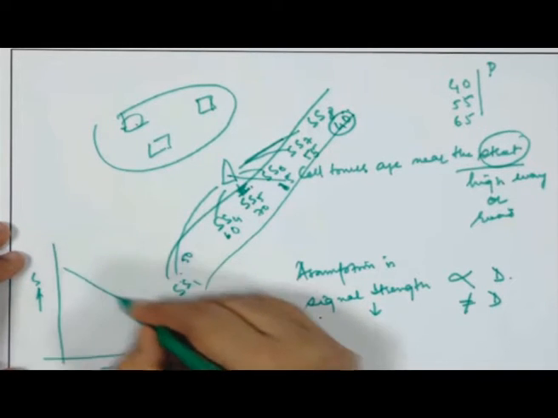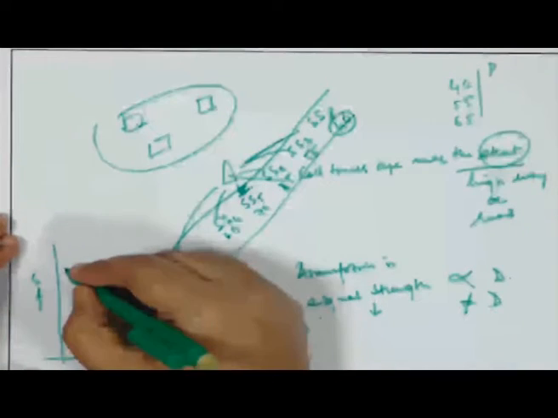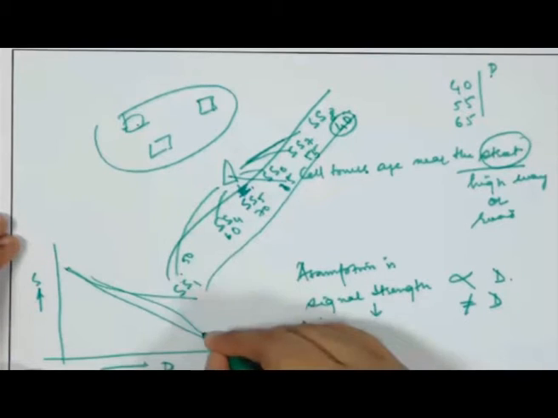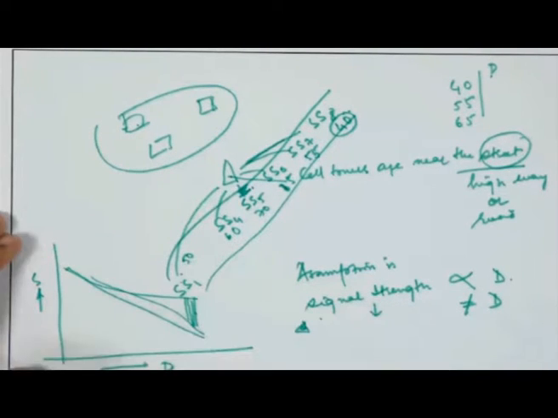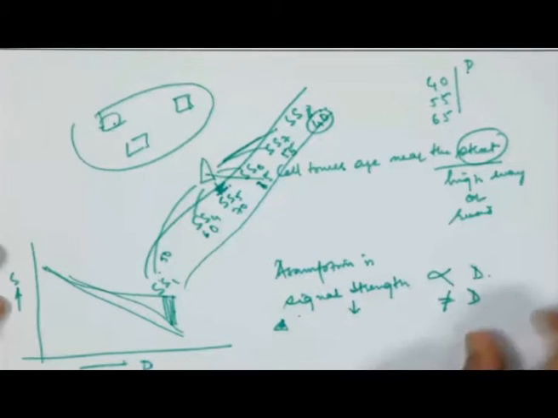If this follows something like this, we are done. But if this begins to follow something like this, where at one point it becomes completely unpredictable, then weighted centroid doesn't work. Fine.